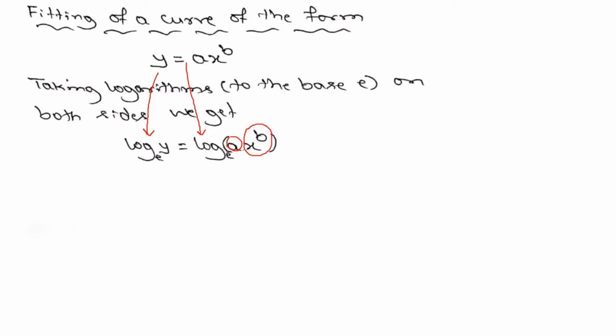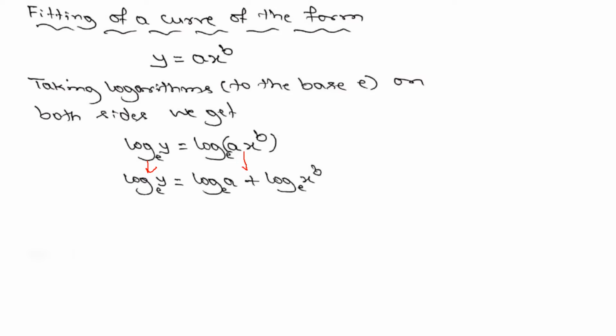So this gets split here. LHS we have written as it is. In the RHS we have applied the property of logarithms. Log mn is log m plus log n.